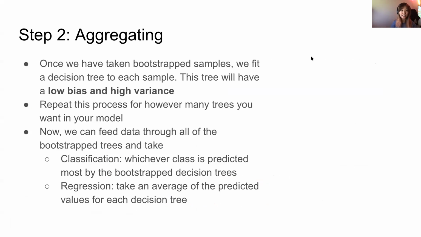So next is the aggregation step. Once you have all of these Bootstrap samples, you have a decision tree for each sample. And each tree will have a low bias and high variance, meaning that it's quite overfit to the bootstrapped sample. So you repeat this process, and you have a bunch of overfit trees.